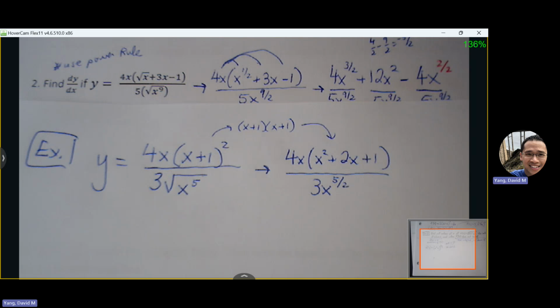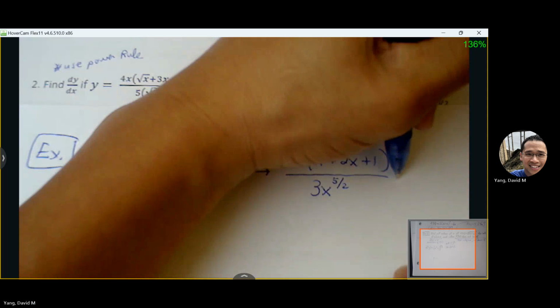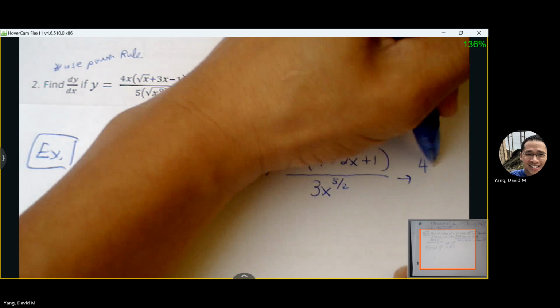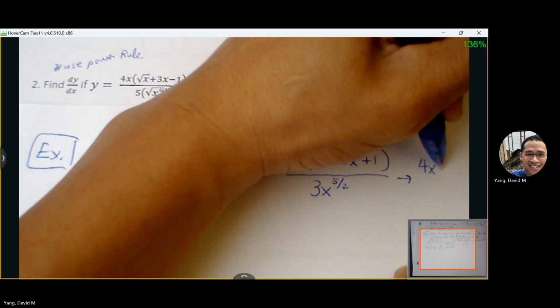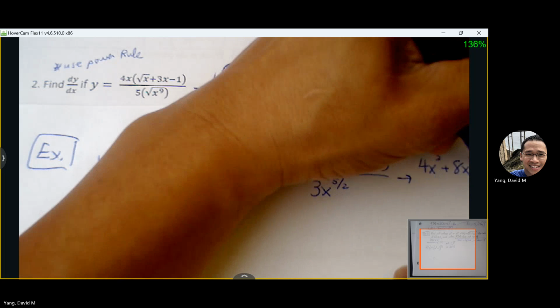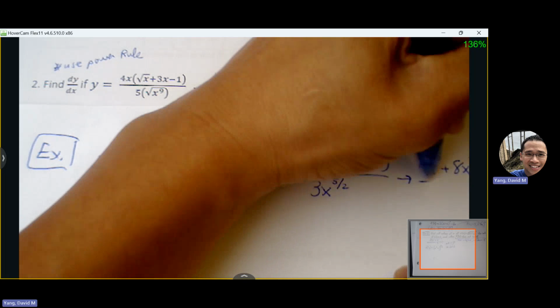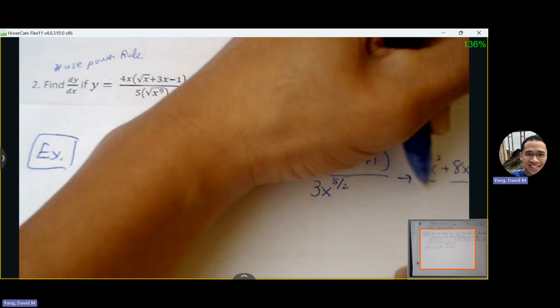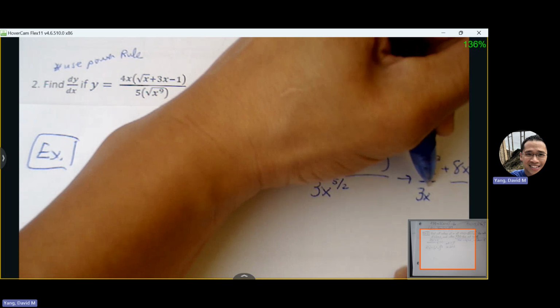Okay, so go ahead and we're going to expand that numerator. Make sure that you expand correctly. You have to FOIL out the x plus 1 squared first before you distribute the 4x through. Okay, so try your first steps before I show my progress.